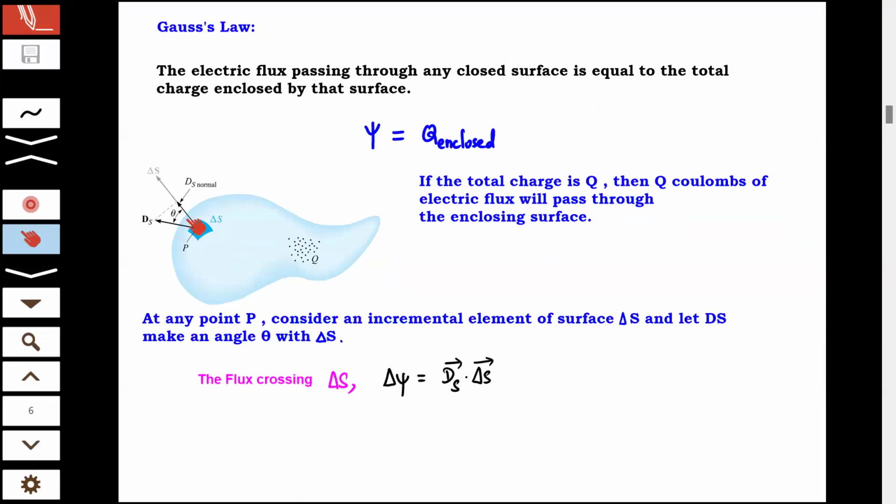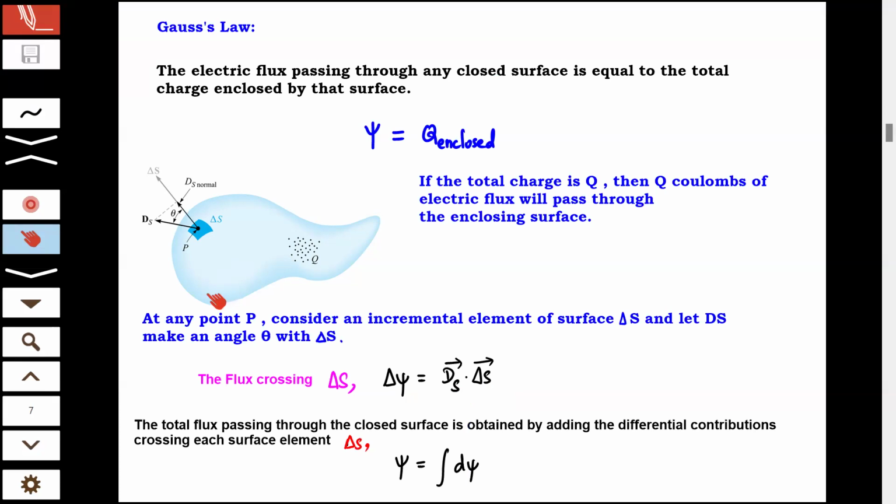If we consider this incremental surface del s, the incremental flux del psi crossing this surface can be given using the flux density and area element. That is, flux density multiplied with the area gives the flux crossing that del s. We can write Ds vector dot del s vector equals del psi.